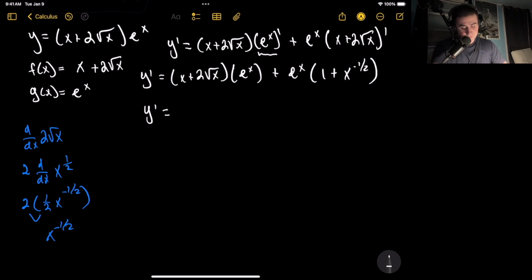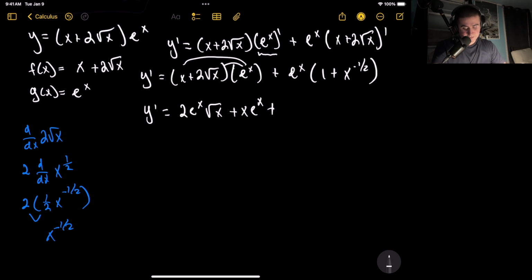So we have y prime is equal to, we'll distribute the e to the x to every term in the parentheses. So we have 2e^x root of x, and e to the x times x is just going to be plus x times e to the power of x.